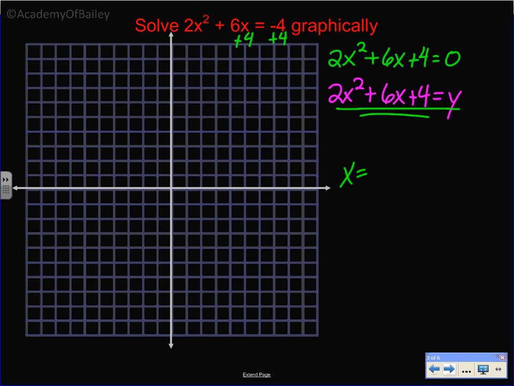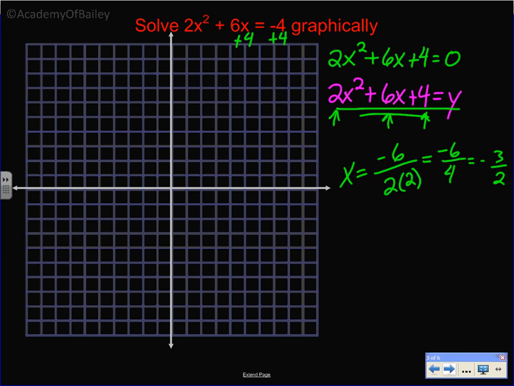X is equal to negative b over 2a. 6 is b, 2 is a, and 4 is going to be c. So we have negative 6 over 4, and this is equal to negative 3 over 2.